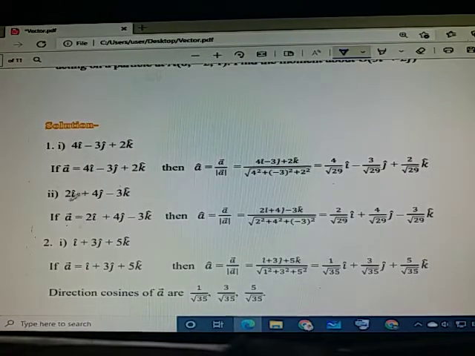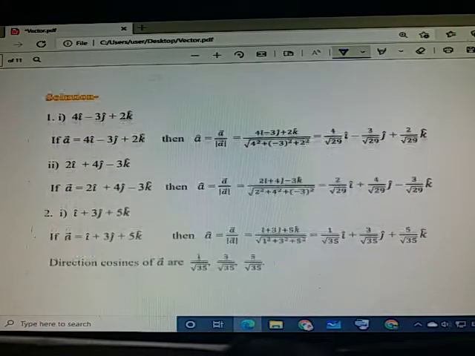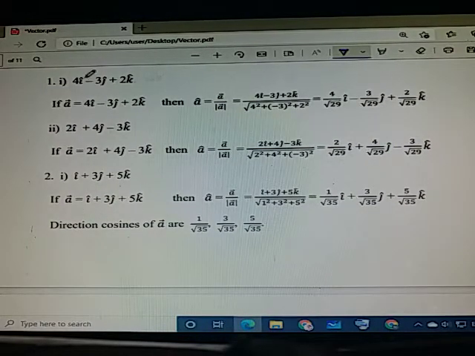Then this one is the same problem, same procedure. Then direction cosine. Direction is actually the unit vector, and its components are the direction cosines. So this is a vector, and the components 4, minus 3, 2 are direction ratios. But when it is a unit vector, the components are direction cosines.